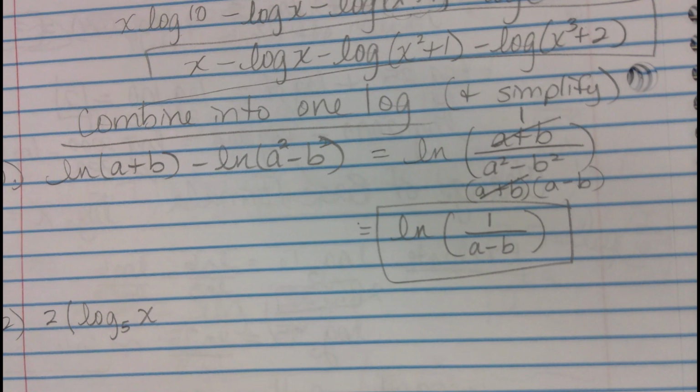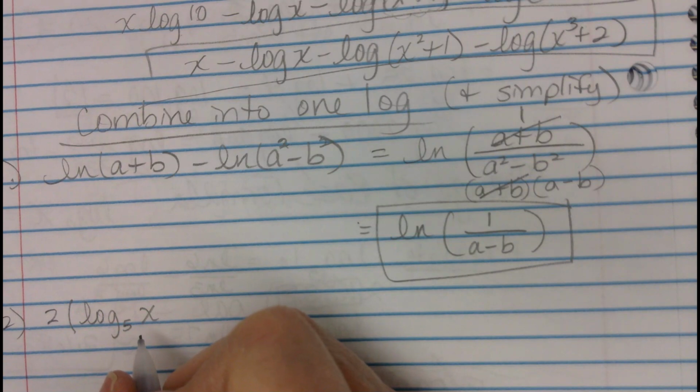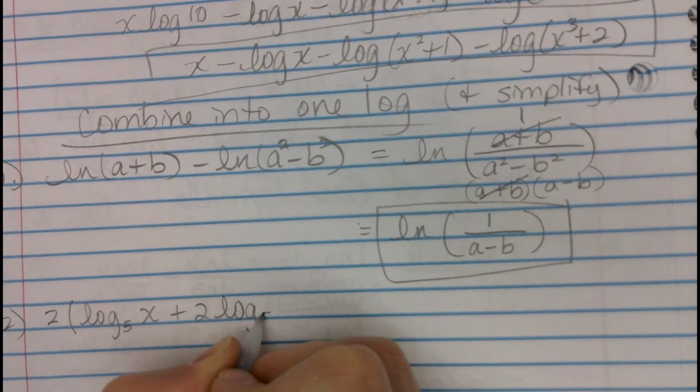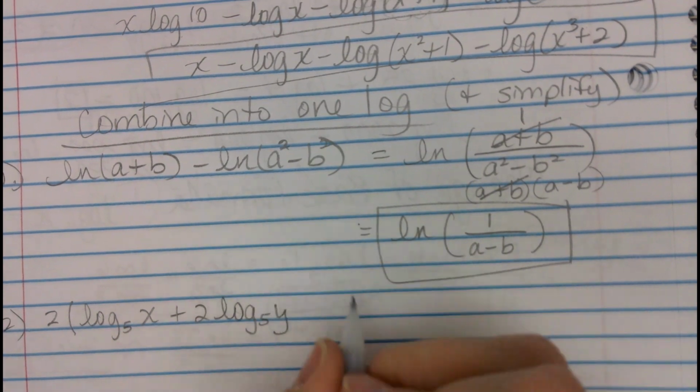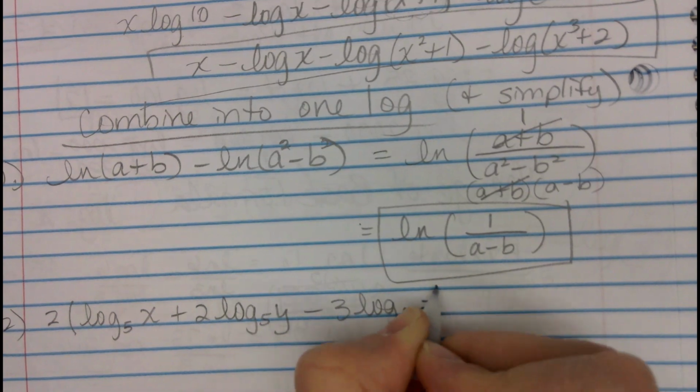If it's grouped together, if there's something added or subtracted in there, we got nothing to do. That's as far as we can go. So 2 times log base 5 of x plus 2 log base 5 of y minus 3 log base 5 of z.